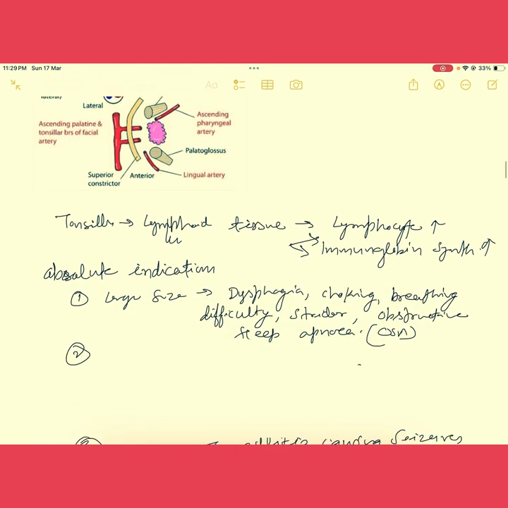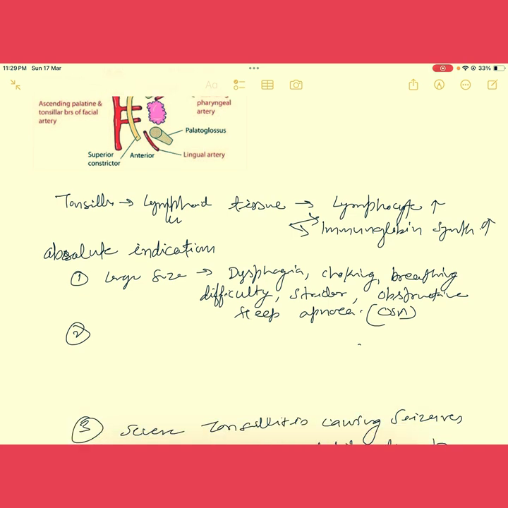So the tonsil is a lymphoid tissue which contains lymphocytes and immunoglobulins. Formation happens there.